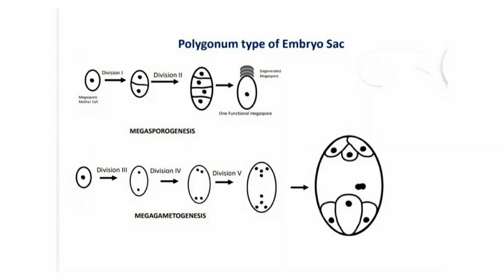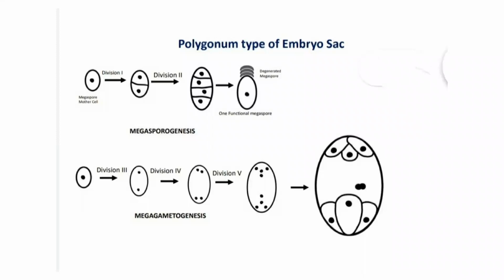The Polygonum type is the 8 nucleate monosporic type of embryo sac, first discovered by Strasburger in Polygonum divaricatum. That's why it is referred to as the Polygonum type. It is common in angiosperms.